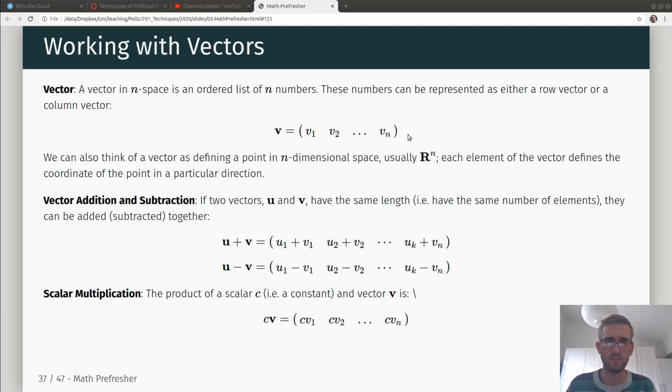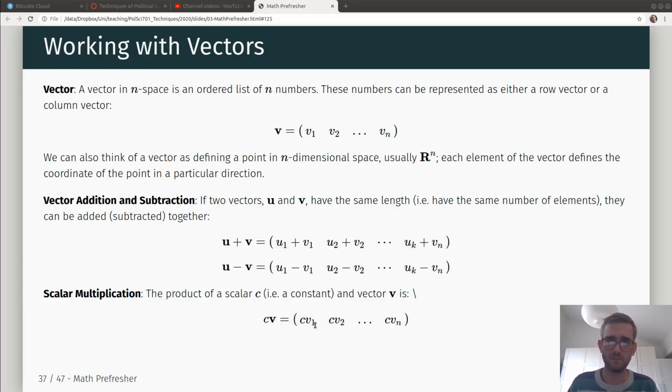Last, for vectors, if we have a scalar, so just a single number, which we'll call C for now, and we have the product of this scalar, so some constant, and a vector v, then the result is basically C times each individual element.